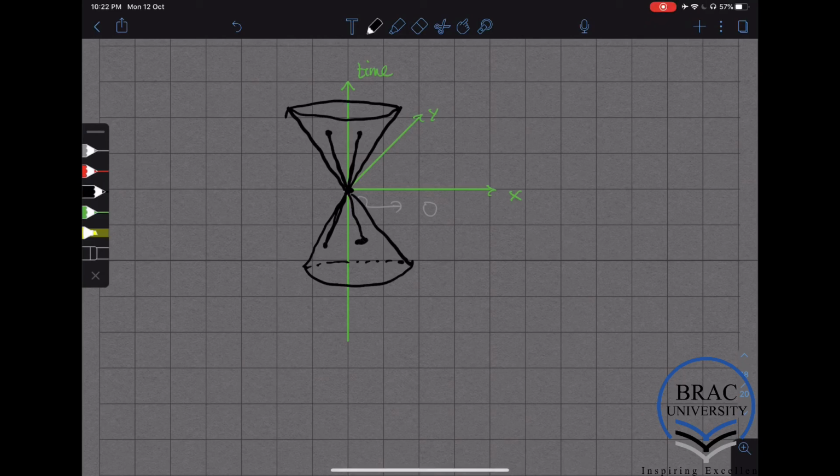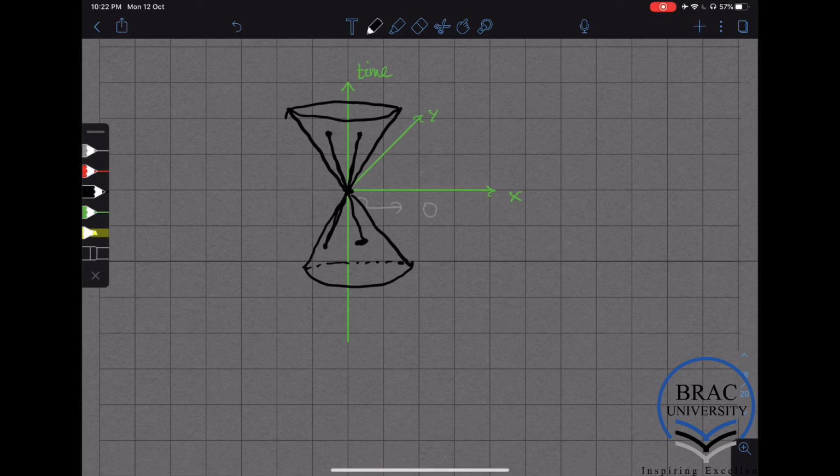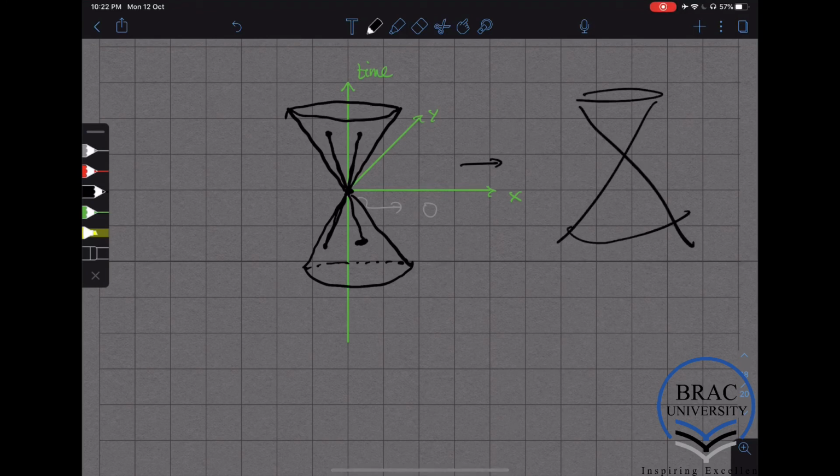And there will be a reference frame in which this point will be O, but say this is P, this is Q, this is R, this is S, this will become P, this will become Q, this will become R, this will become S. In other words, the difference between O and all these points will only have the difference of the time-like coordinates.